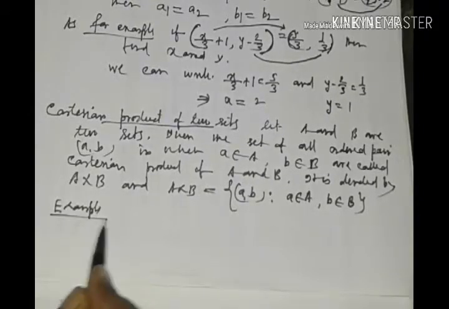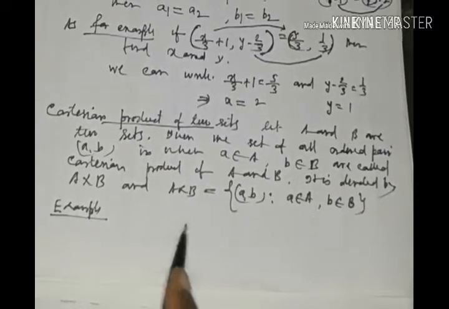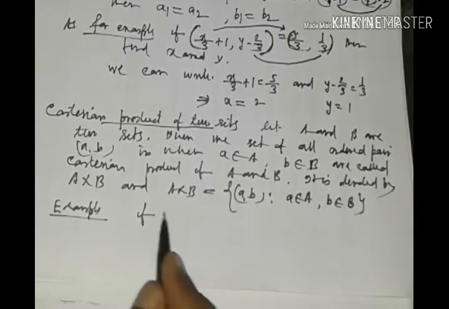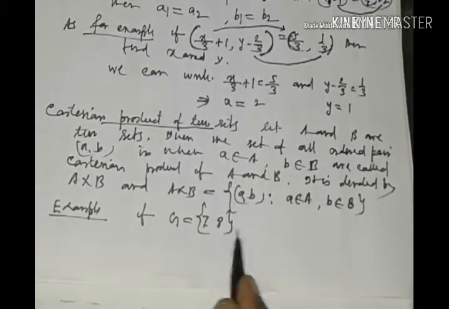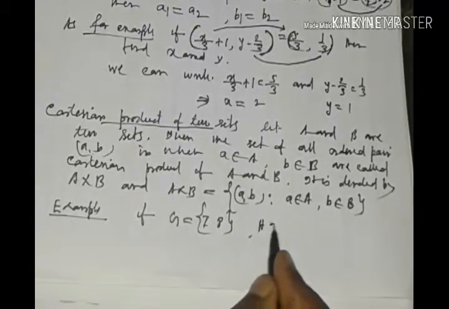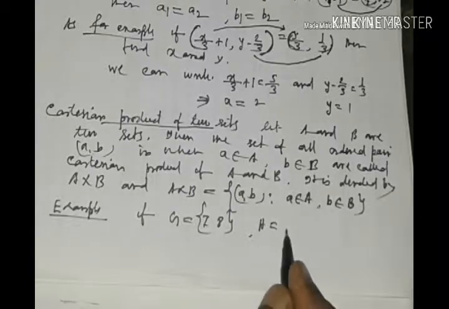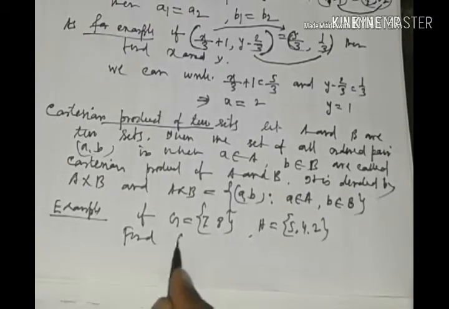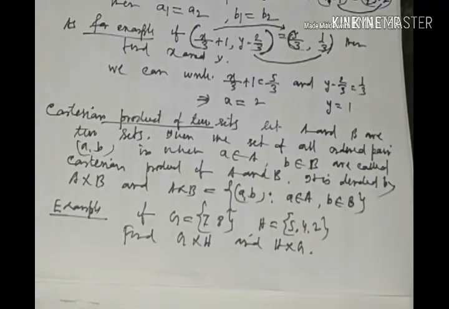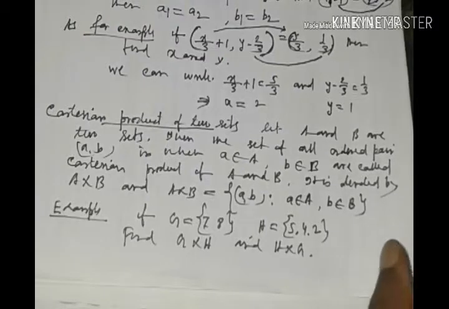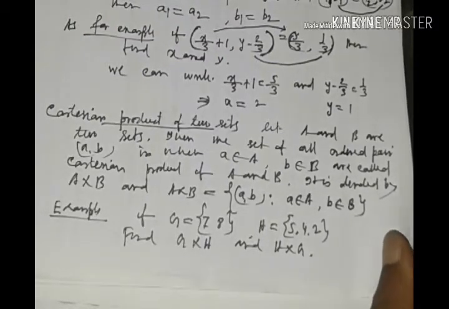We can take an example for this. It is also exercise number 2.1. If Z is equal to {7, 8}, H is equal to {5, 4, 2}, find Z × H and H × Z. We can solve it easily.